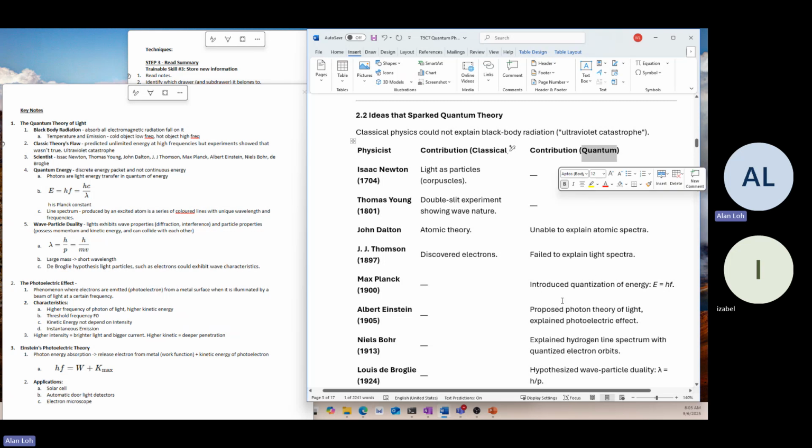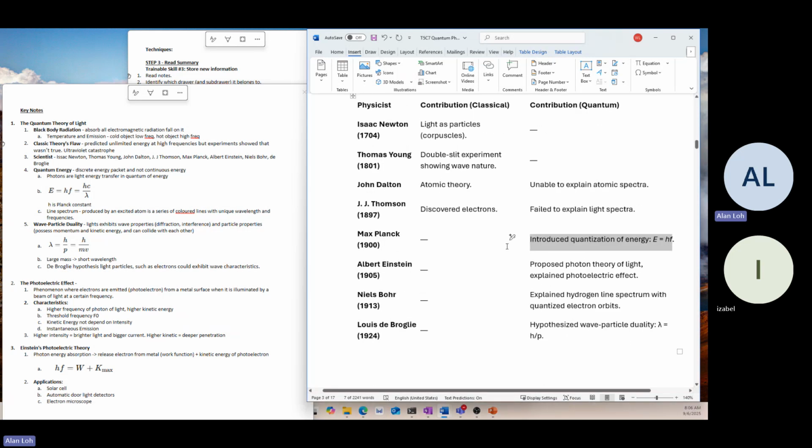When was it done? Circa around the year 1900 by Max Planck, right? Because you see, J.J. Thomson, they were trying, but they failed. So Max Planck built on top of the failure that the previous scientists had, and revolutionized and gave birth to what we call quantum physics.